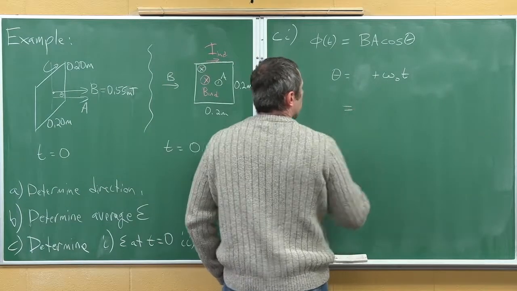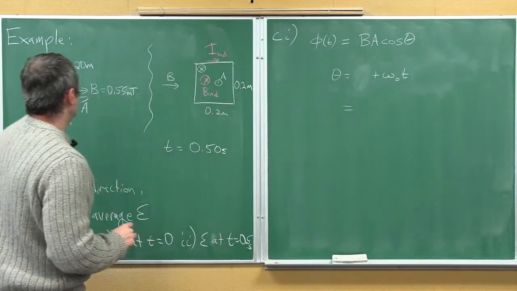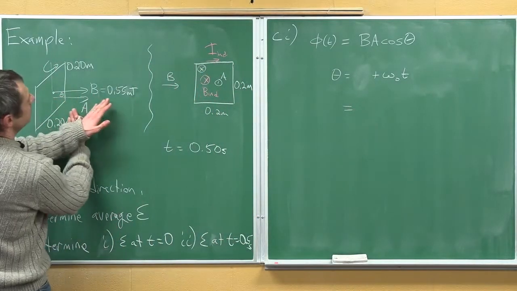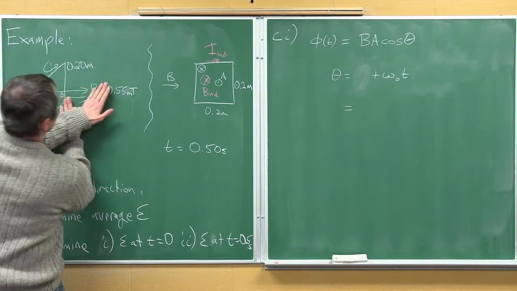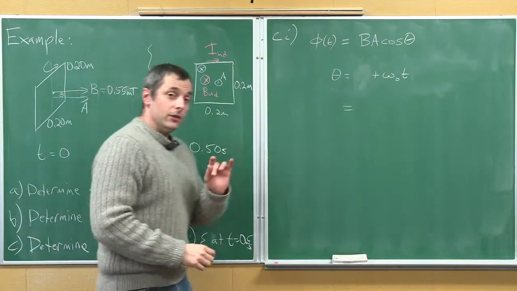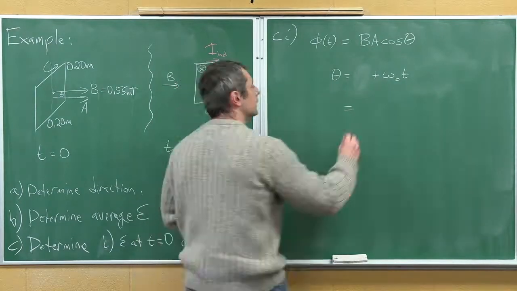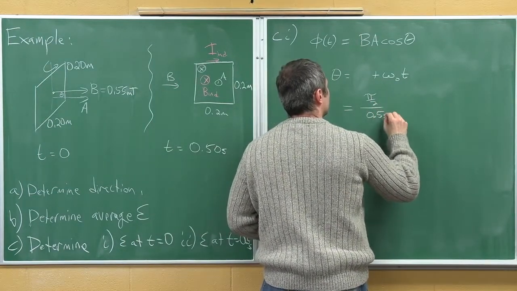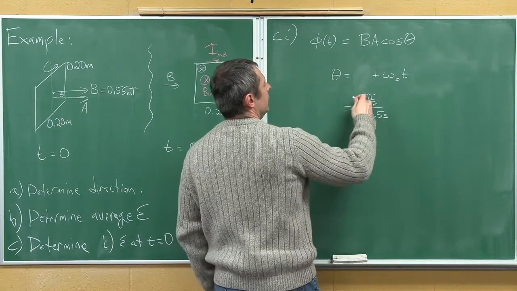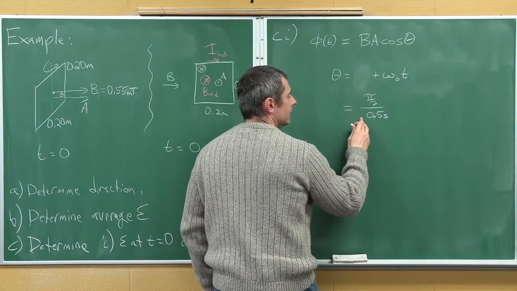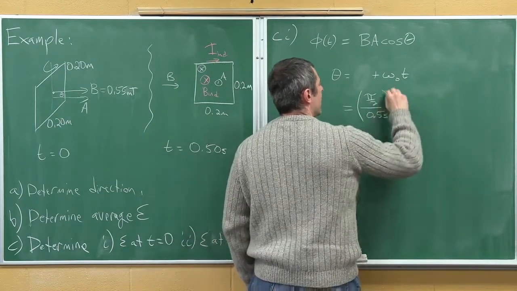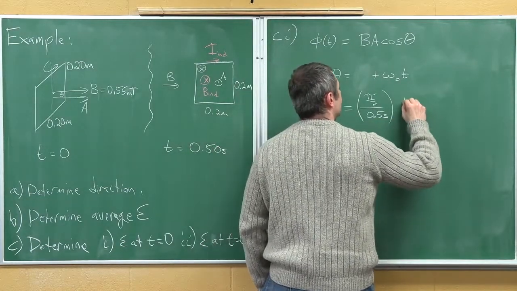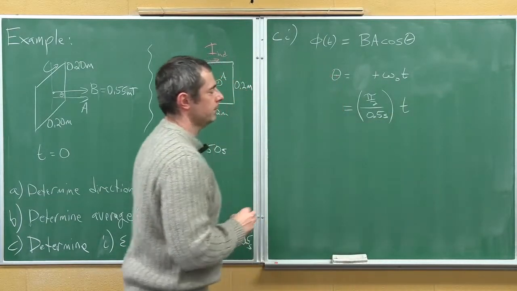So what is the angular speed? Well, notice I turned 90 degrees. I flipped like this. In other words, pi over 2 in half of a second. So this is like radians per second. That's my omega. And I'm going to leave this as a function of time.